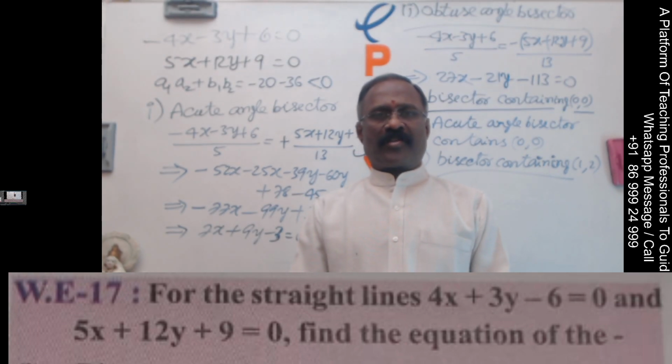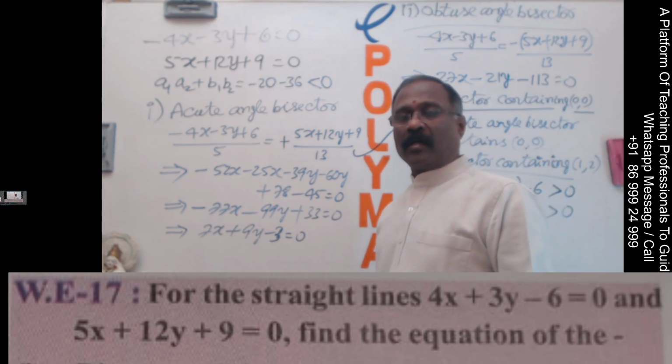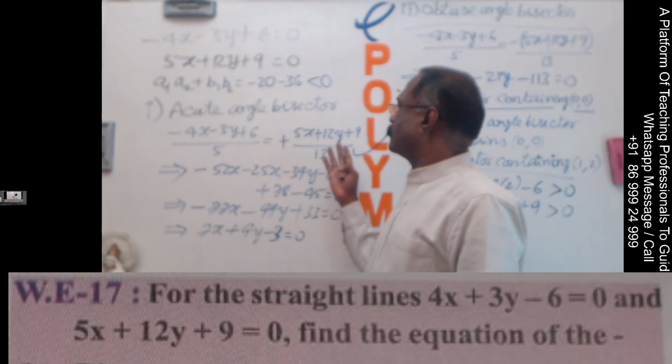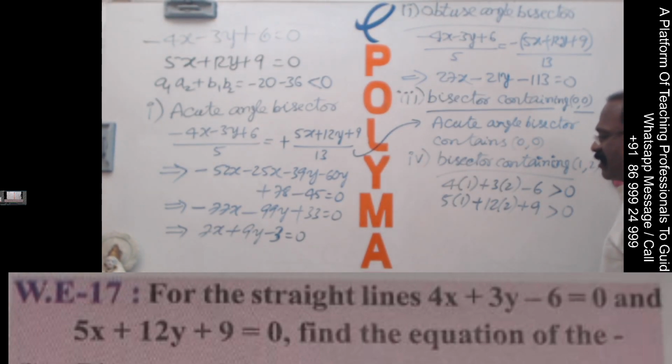First line given is 4x plus 3y minus 6: 4 into 1 plus 3 into 2 minus 6, it is positive. And the second one, 5 into 1 plus 12 into 2 plus 9, it is also positive. Both are positive. If both are positive, then take the plus sign. But the lines you have to take as they are.